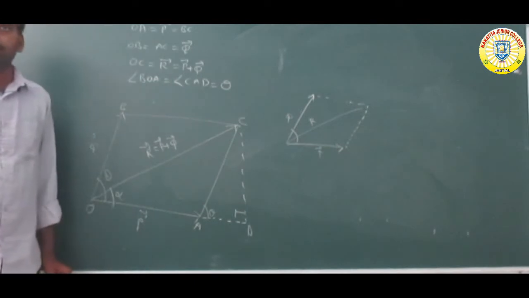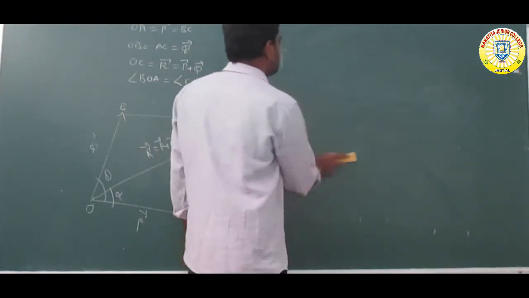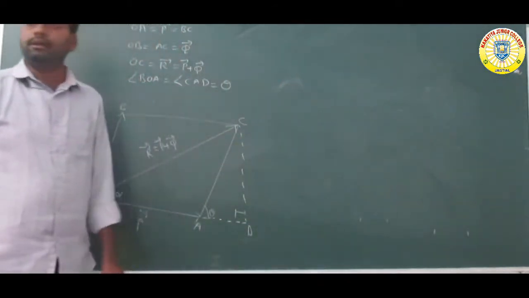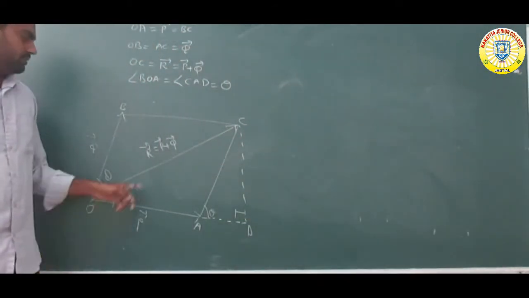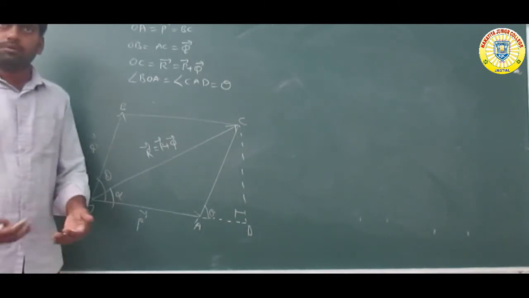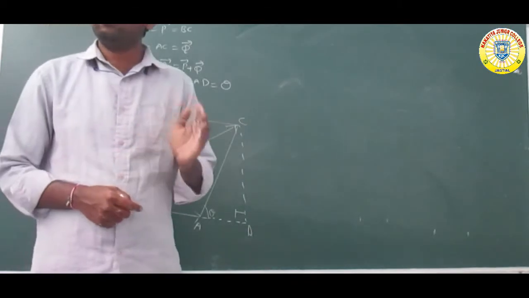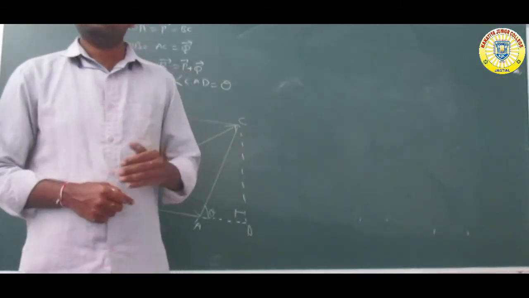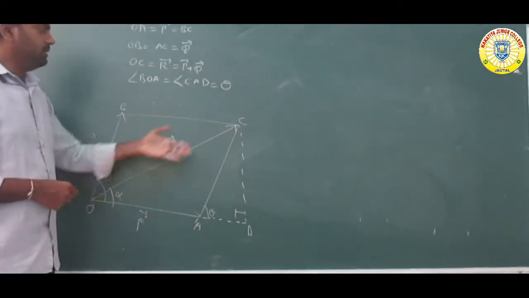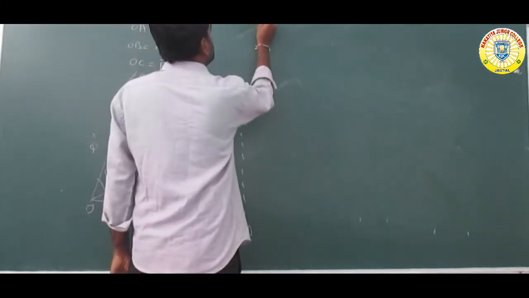Now to find out the magnitude of the resultant vector. R is the resultant vector. So now to find out the magnitude and direction, first of all we take the triangle COD.